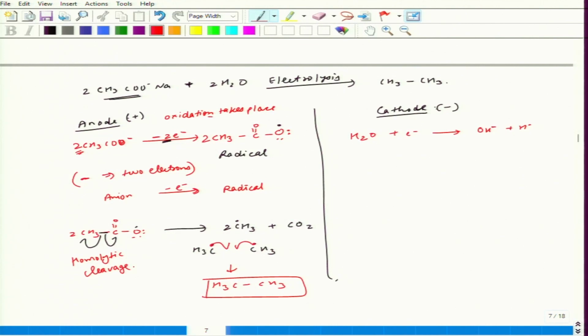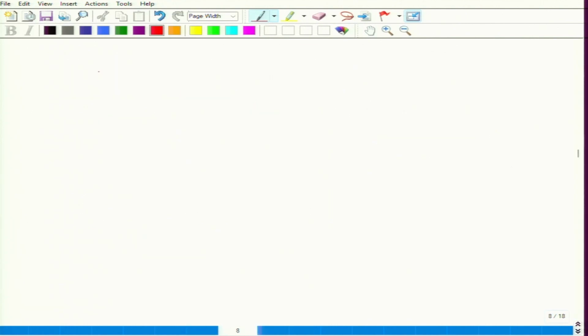Okay, let me discuss homolytic cleavage and heterolytic cleavage first. Let us take a general example, A-B. If I draw this complete arrow, then it will form, the bond is only of 1 electron.